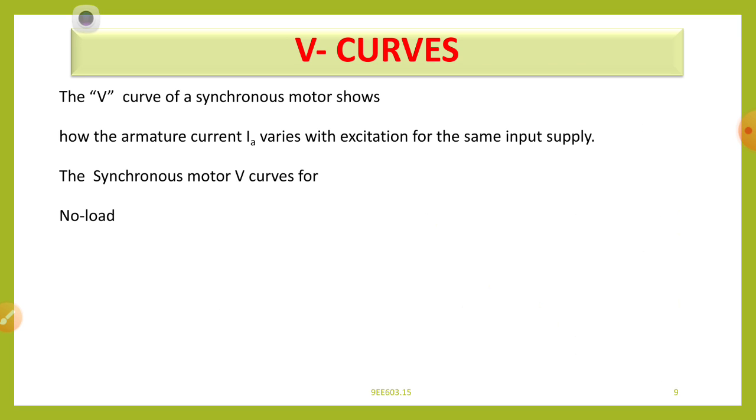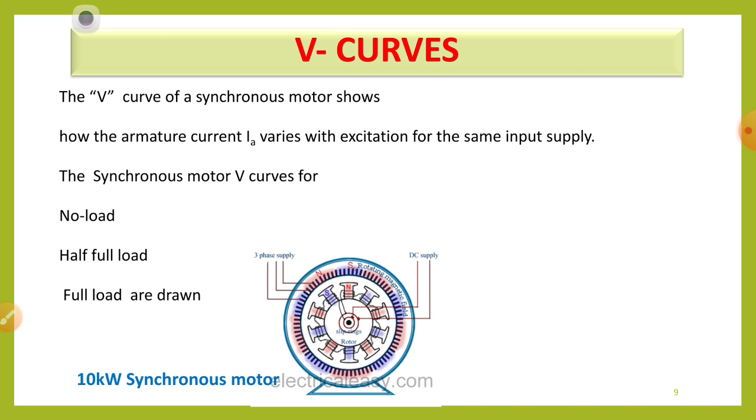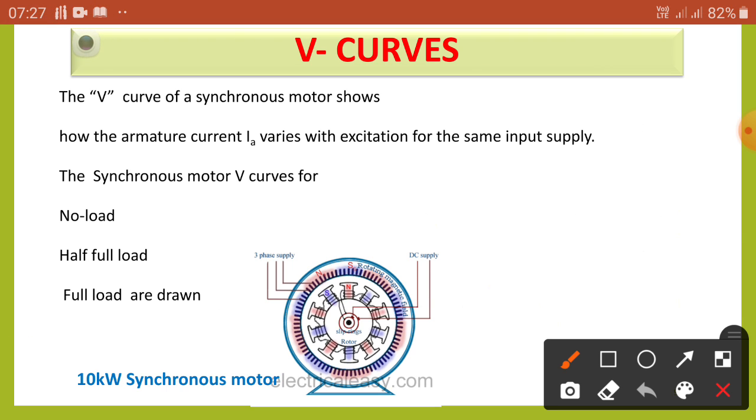The synchronous motor V curves for no load condition and full load condition are drawn. Here you can observe this, what we have just discussed, with the help of the figures.